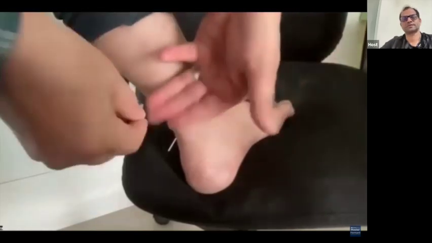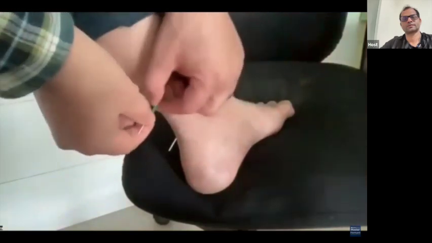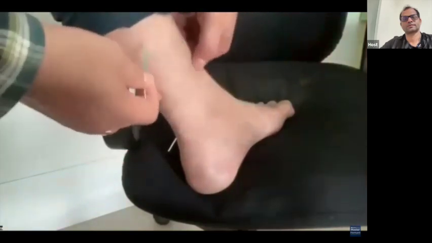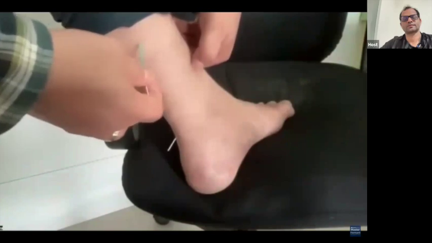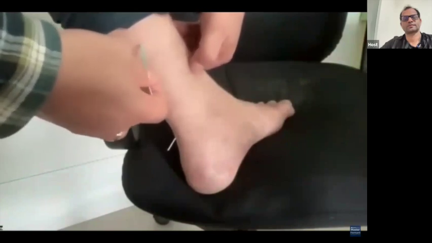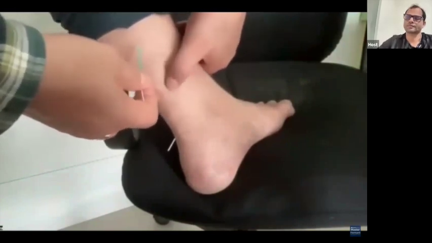Then we are coming to tune up. At tune up, there will be another needle. So we are putting one more needle here at tune up. This needle is also going in the tendon only. This is a very hard tendon. Remember, do not try to put the needle in the soft part.